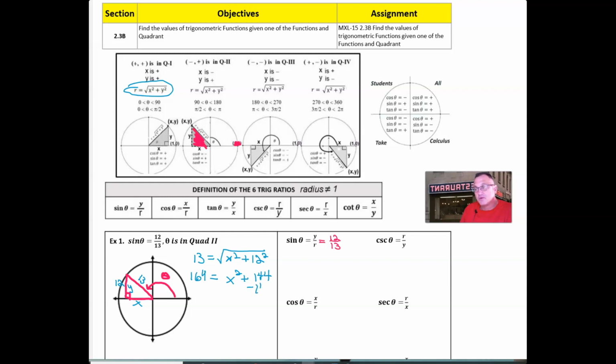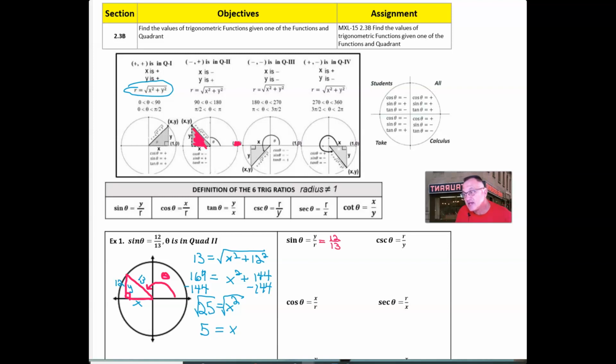Then I take away 144 from both sides, and I get 25 is equal to x squared. So now I take the square root, so x is 5.